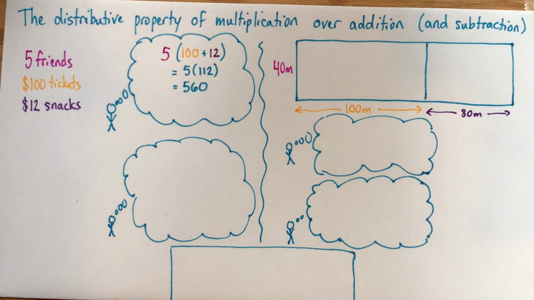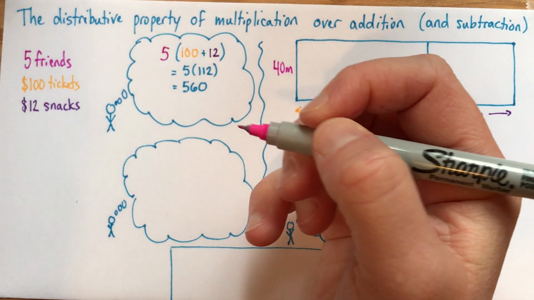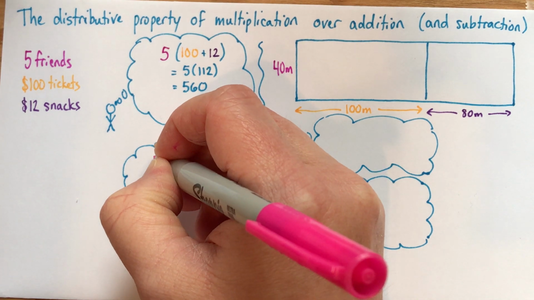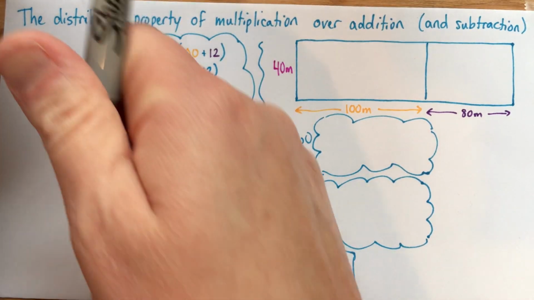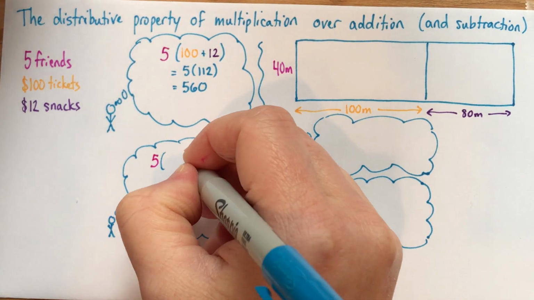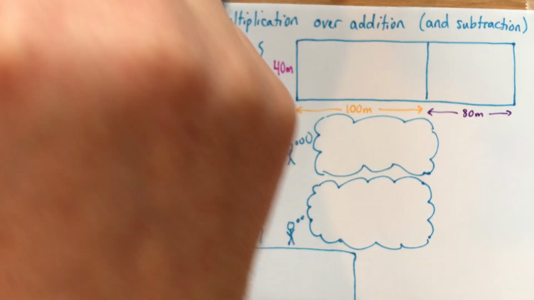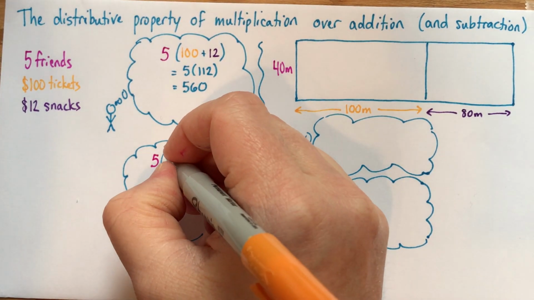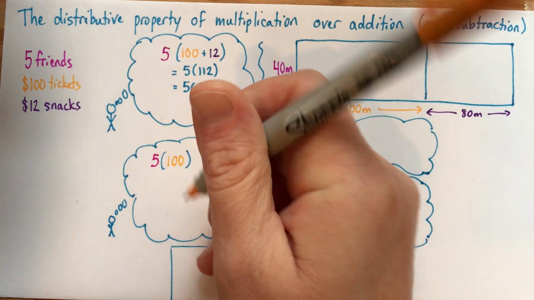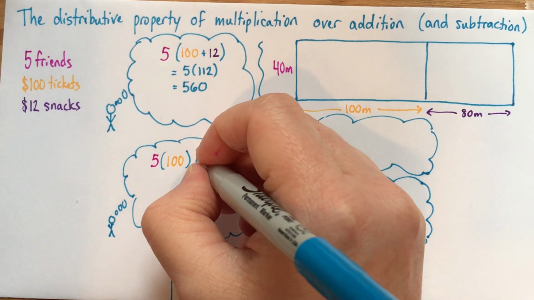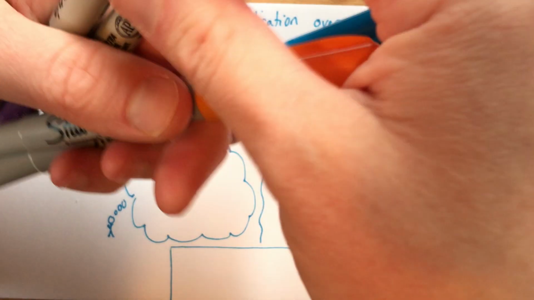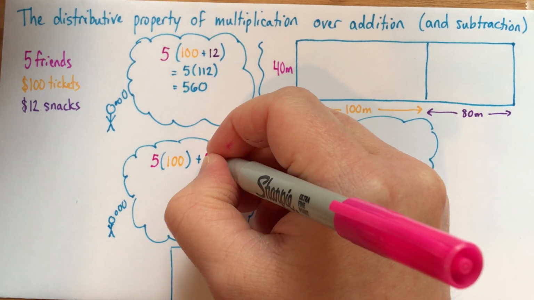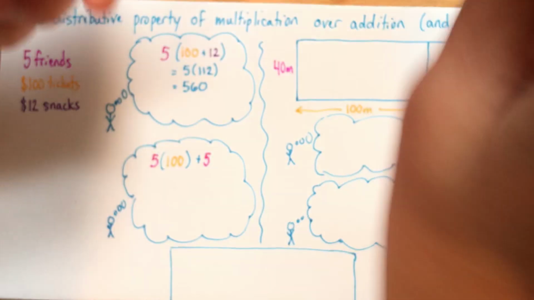Now, the same person's friend down here has a slightly different technique. They say, well, first of all, I'll figure out what we paid for the tickets altogether. So there were 5 of us, and each ticket was $100. So for tickets, we paid 5 times $100. And then for the snacks, well, again, there are 5 of us, and the snacks were each $12.